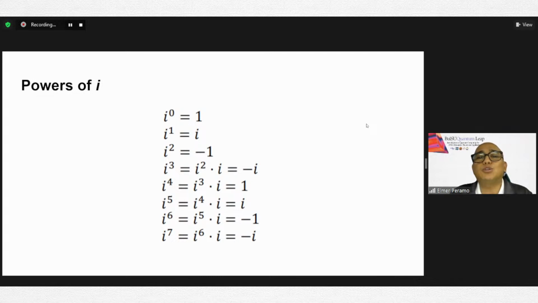So this is just modulo 4. If it's divisible by 4, it should be 1. Okay, the answer is 1.